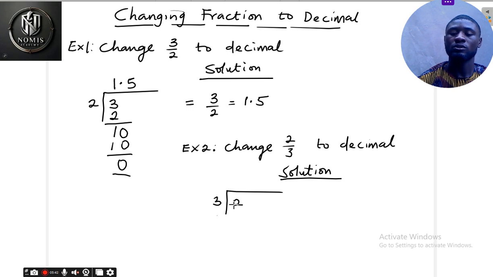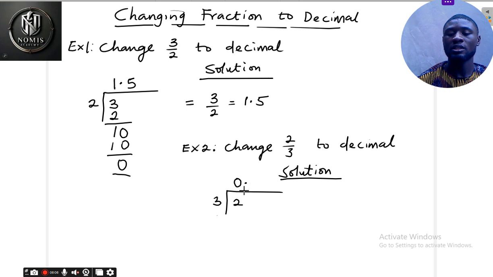What to divide is outside and what is to be divided is inside. Now, 2 divided by 3, that will be 0 because we can't get 3 in 2, meaning that we cannot get 3 objects from 2 objects except that we begin to cut or divide. So we'll say 0. So when we say 0, we'll put a decimal point.